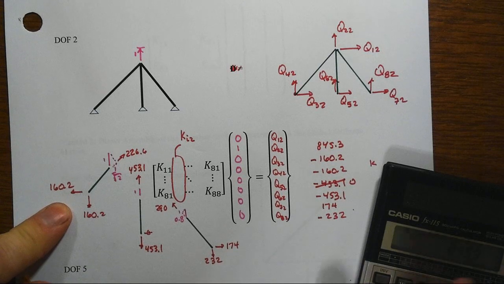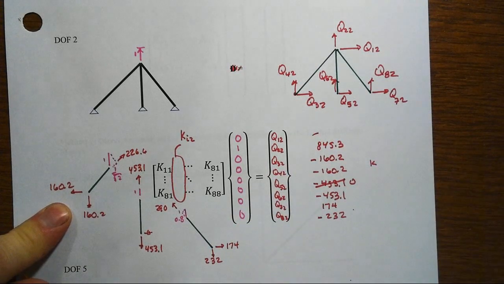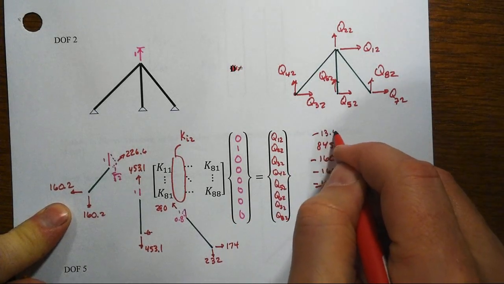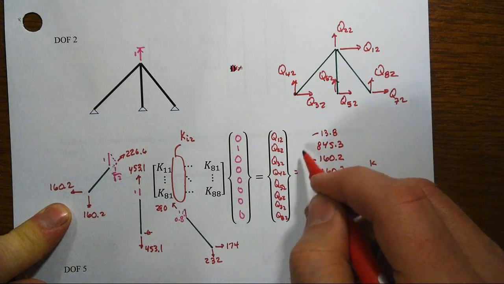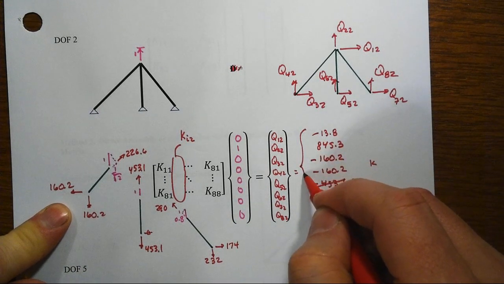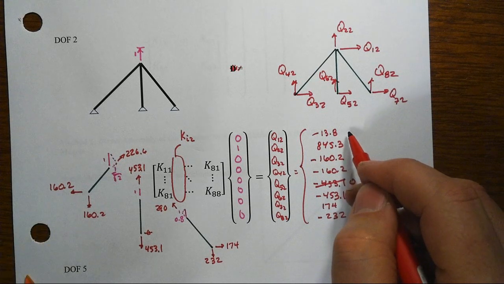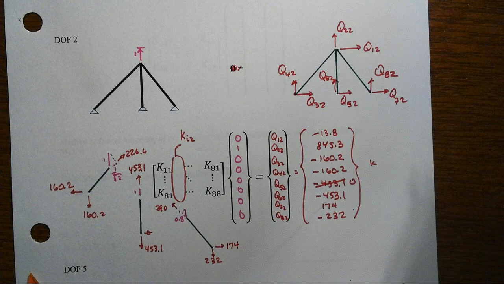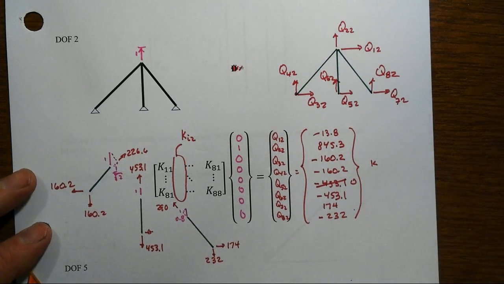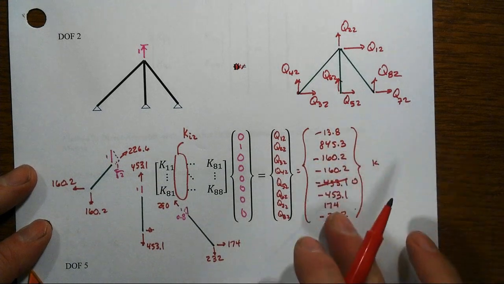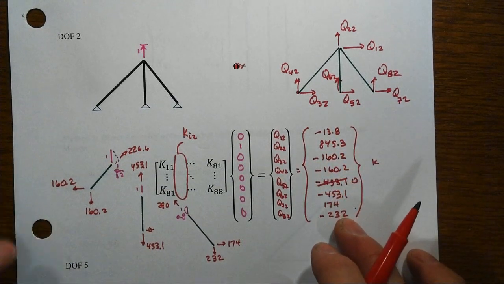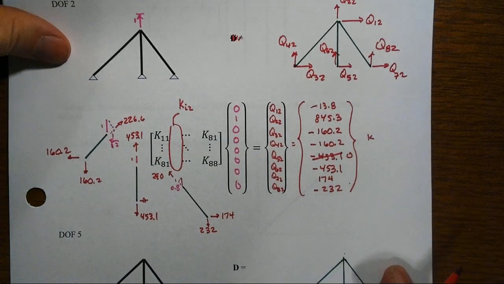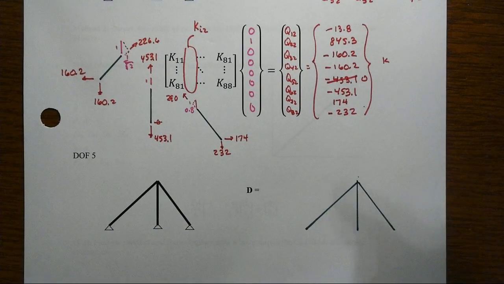We have a net of 13.8 going to the right, so we need something going back at 13.8 to the left. Which, lo and behold, that K12 value is going to be exactly the same as K21 that we found for degree of freedom 1. So again, in generalized stiffness methods, we're just using equilibrium after imposing our displacement patterns, and of course the force displacement relationship.